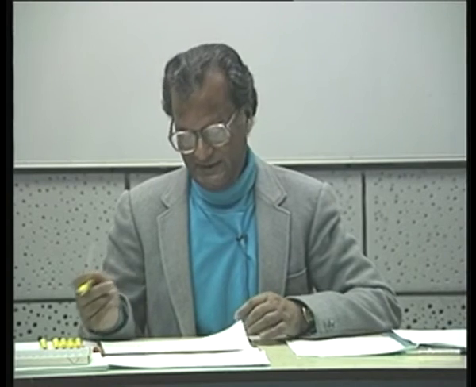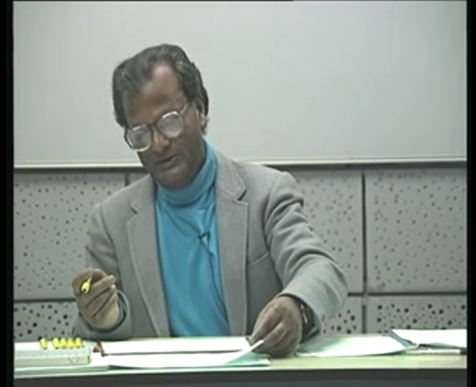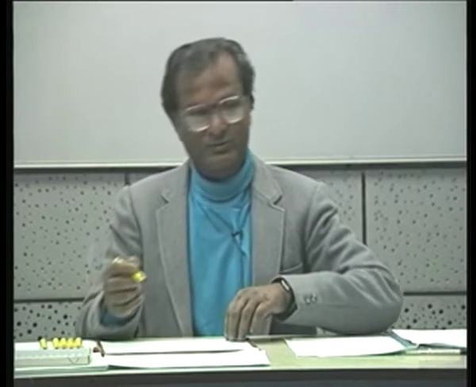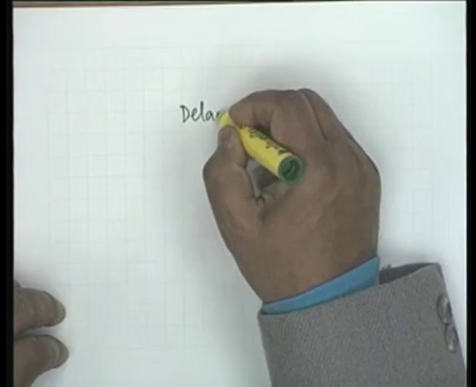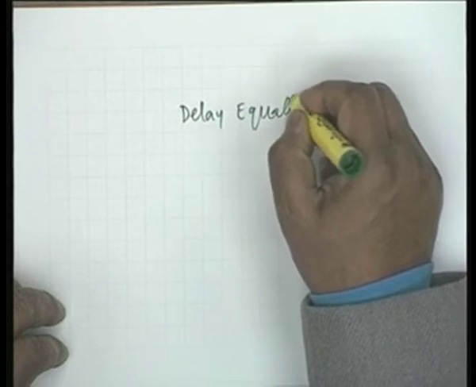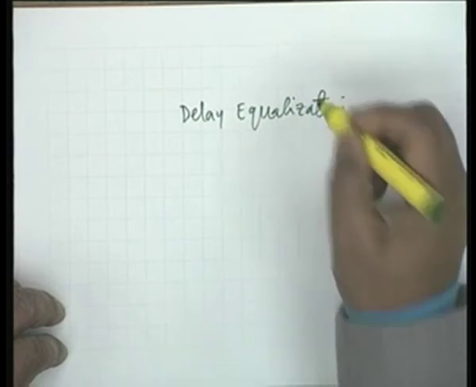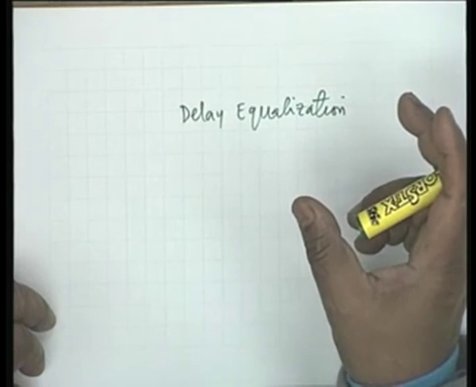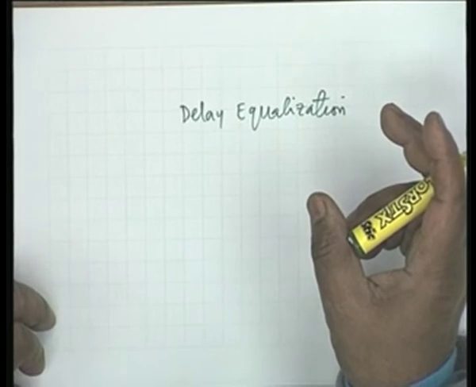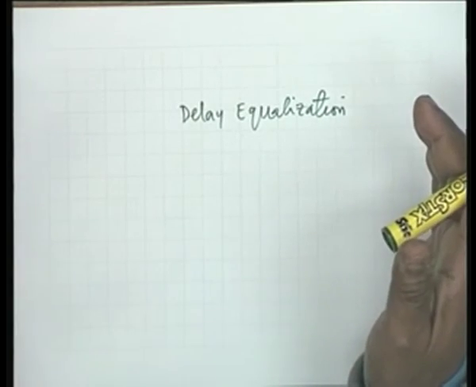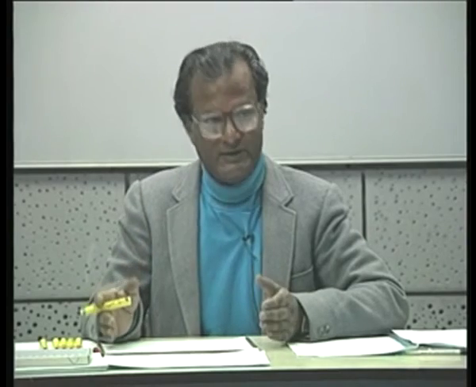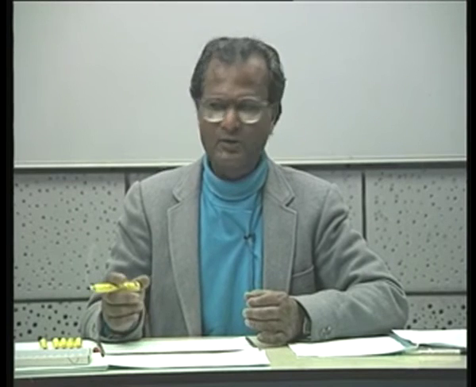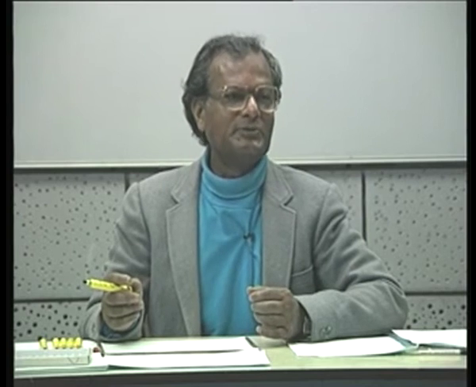All pass functions are extremely important in communication, and the major use is delay equalization, which means introducing an all pass function or all pass network to make the overall delay in the region of interest a constant, or to make the system a linear phase one.